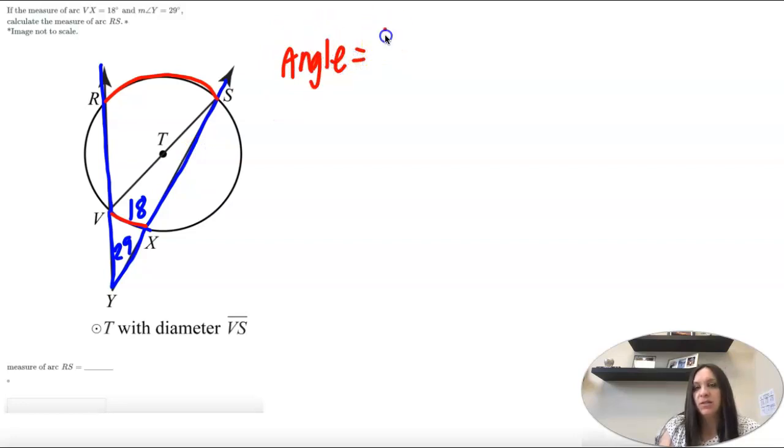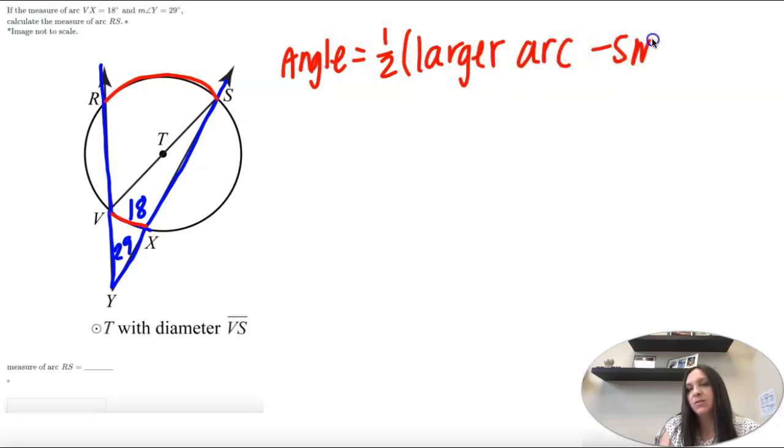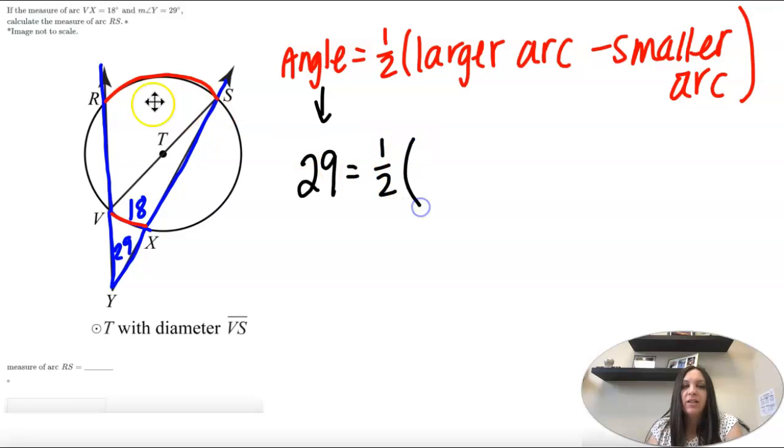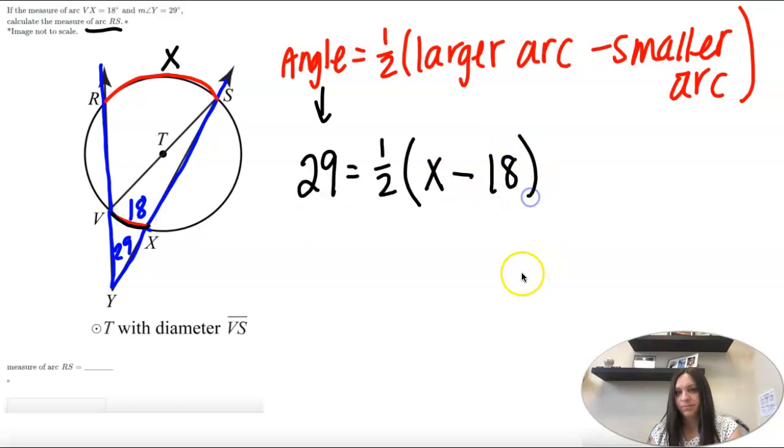The angle is 1/2, and then we take the larger arc minus the smaller arc. But now it's a little different. We know the angle. The angle's 29 degrees. We're trying to find the larger arc. That's what it's asking for. So that's our x. We don't know it. Minus the smaller arc is 18 degrees.